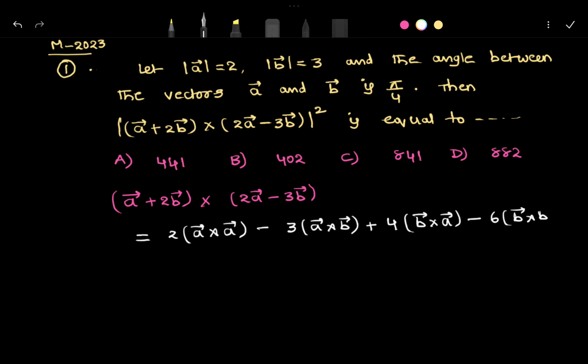Now you know the cross product of the same vectors is nothing but 0. So the first one is 0 and the last one is also 0.